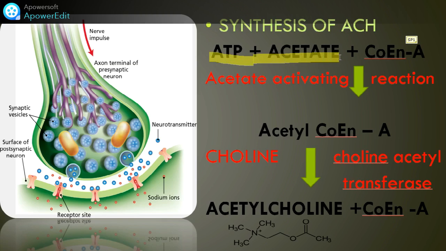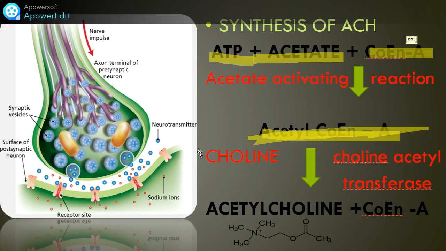ATP plus acetate plus coenzyme A forms acetyl coenzyme A, and acetyl coenzyme A plus choline in the presence of the enzyme CAT, that is choline acetyl transferase, forms acetylcholine.